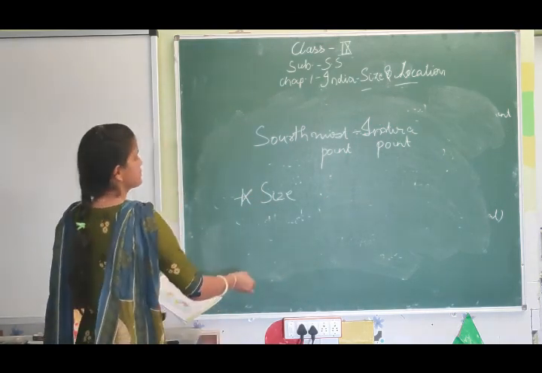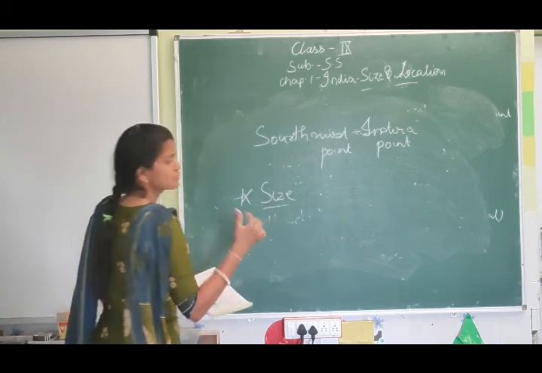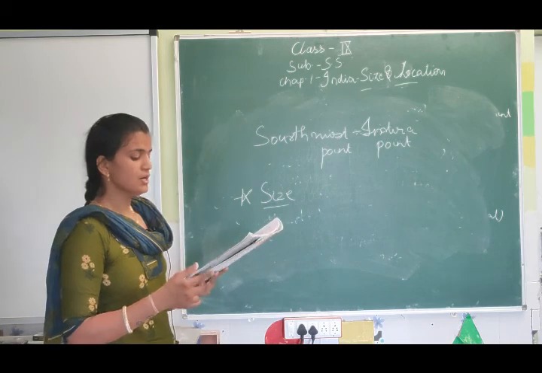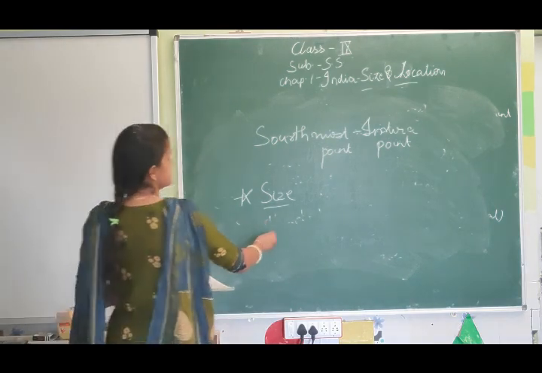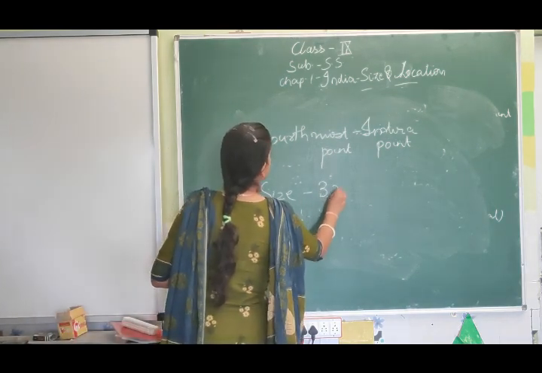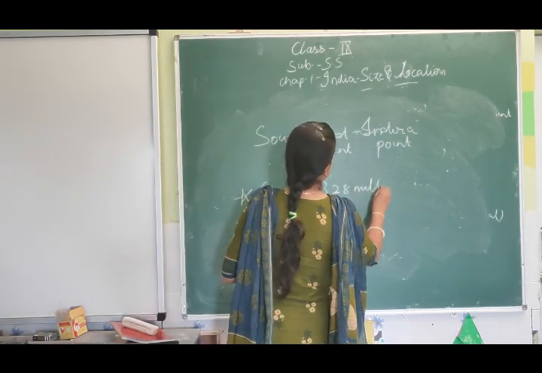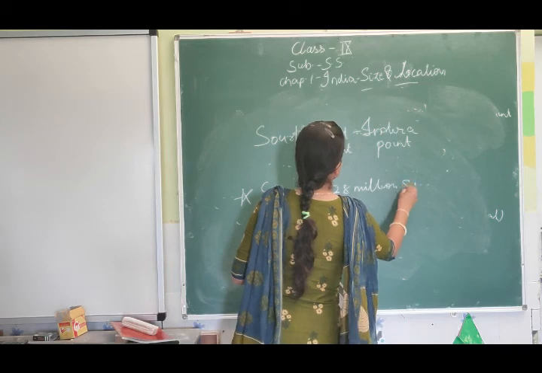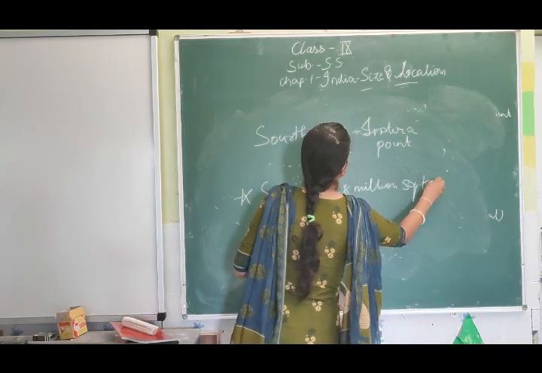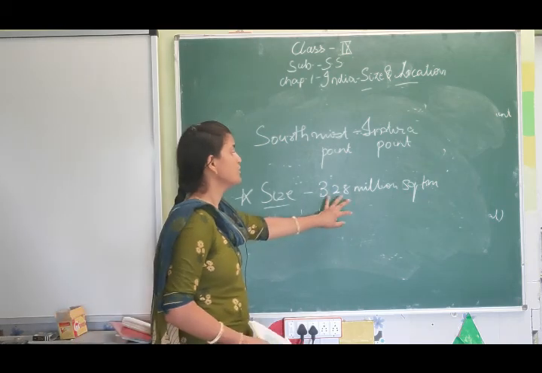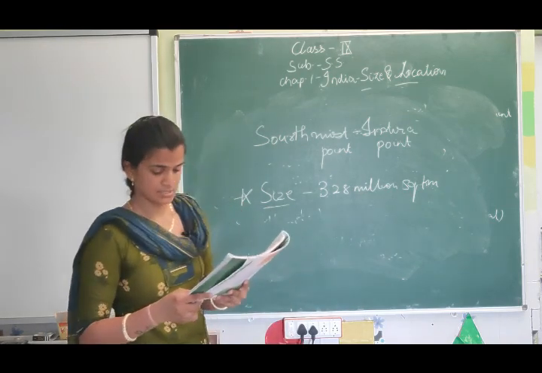Now we are going to talk about the size of India. What is the actual size of India? The total geographical area of India is 3.28 million square kilometers.